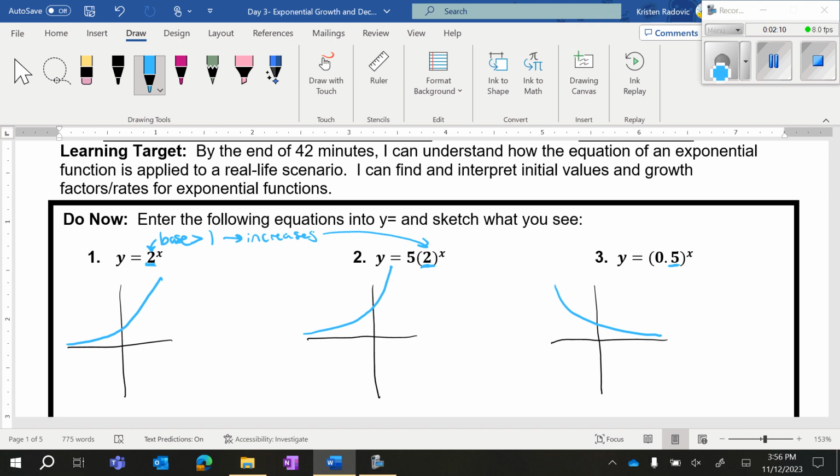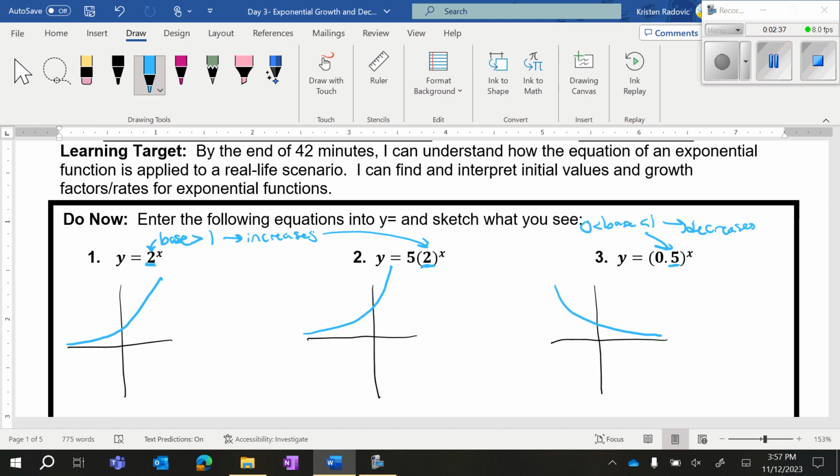If your base is less than 1, then the function decreases and goes down. Technically, it's greater than 1, or less than 1 but also greater than 0. So we're going to look at our base to see if our exponential functions are increasing or decreasing.